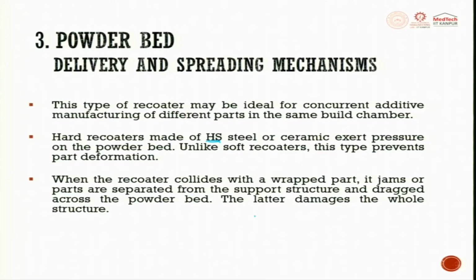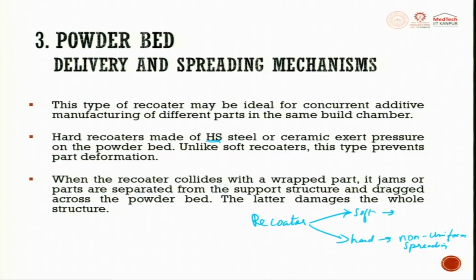So, hard and soft recoater, it is of two types, soft and hard. So, hard means there is a possibility that you can have somewhere non-uniform spreading, whereas in soft you will always have uniform spreading.